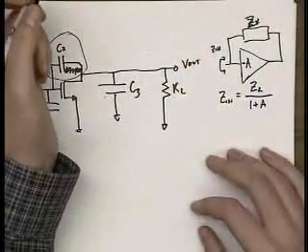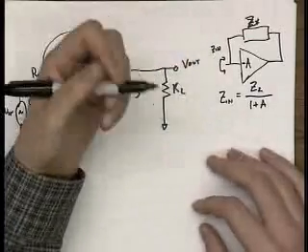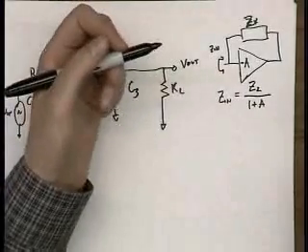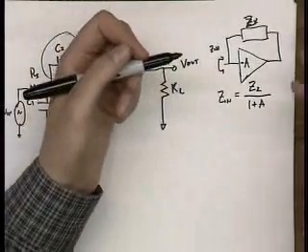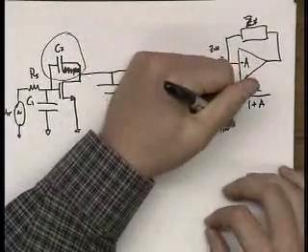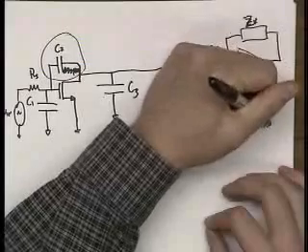Now, how does that translate to the capacitance getting bigger? That's because capacitance is a form of admittance. Admittance is 1 over impedance, and admittance is complex conductance. Impedance is complex resistance. And so Yin is equal to Y2 times 1 plus A.